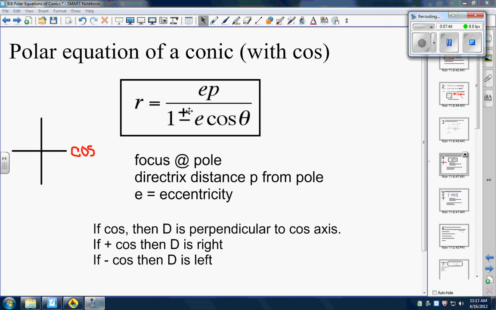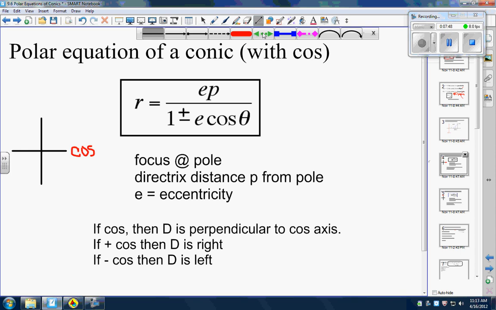So if you see 1 plus e cosine, your directrix will be perpendicular to the cosine in the positive direction. If you see 1 minus e cosine, your directrix will be perpendicular back this way. So if it's a cosine, it's perpendicular to that axis. If it's plus, it goes plus. If it's minus, it goes minus.